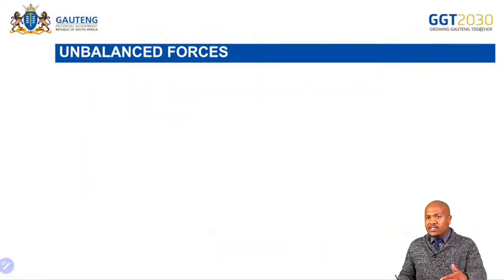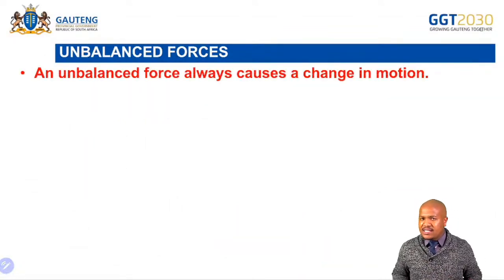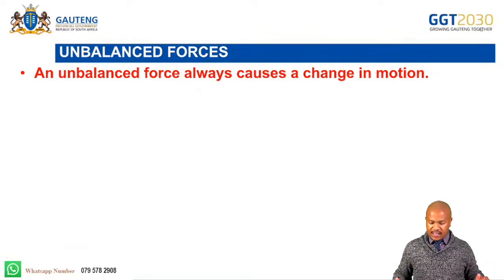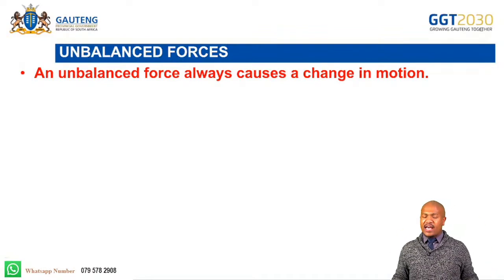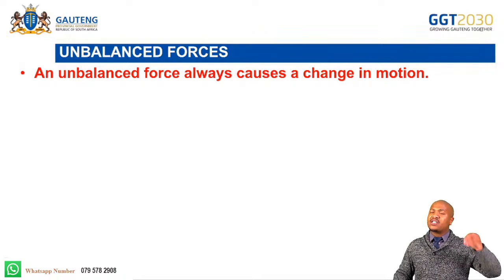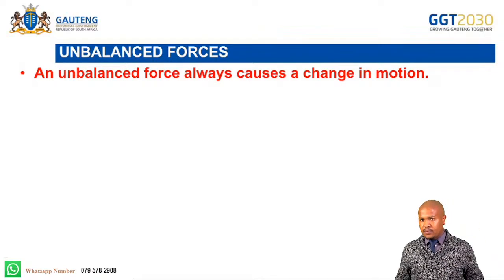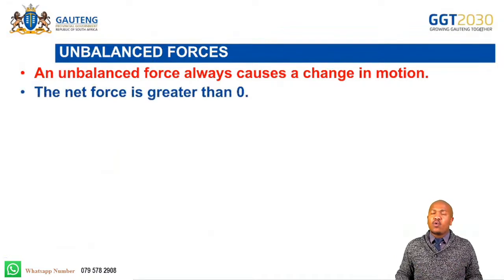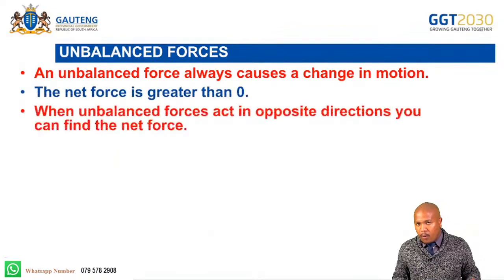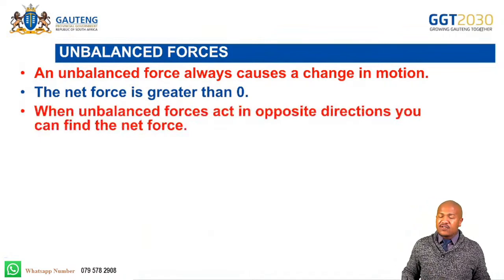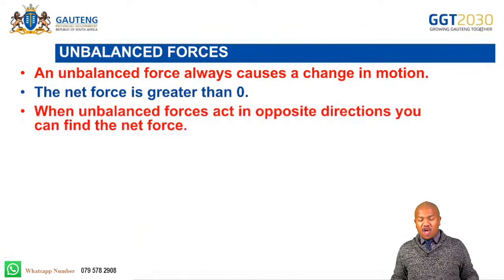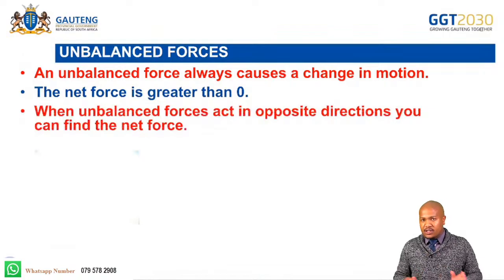But now, when forces are unbalanced, it means the size is not the same on either side, right? So meaning what? An unbalanced force will always cause a change in motion. There's going to be some movement, and obviously the net force is going to be greater than 0, right? So when unbalanced forces act in opposite directions, we can find the net force.